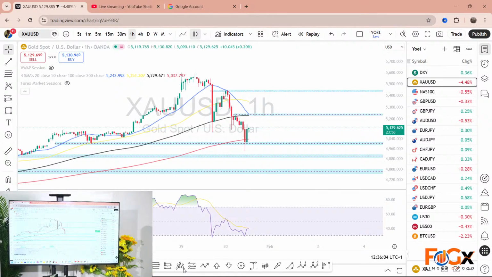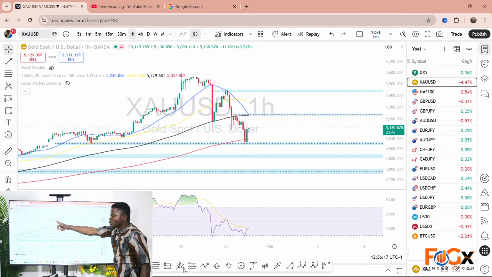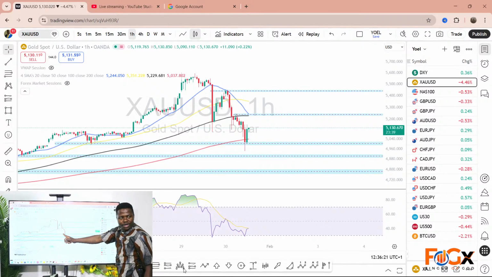Are we getting it now? Then another reason, third reason, that price is not below all the moving averages. To make the sell stronger, it broke 20, it broke 50, broke 100, but it couldn't break 200.